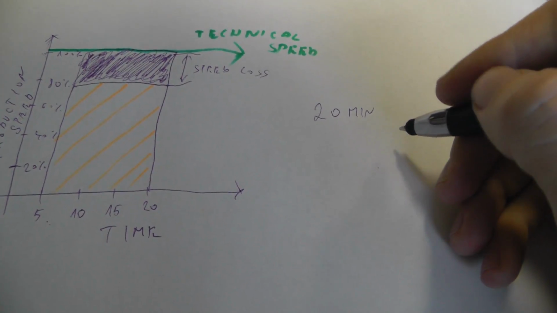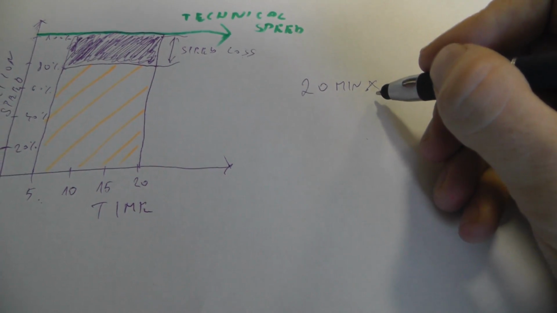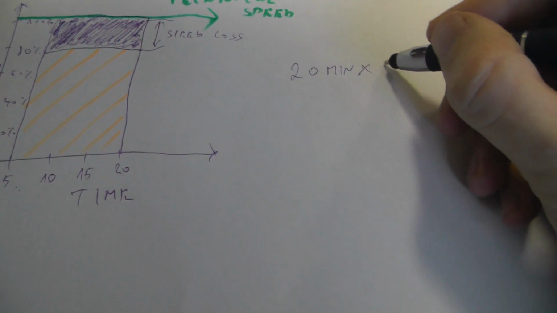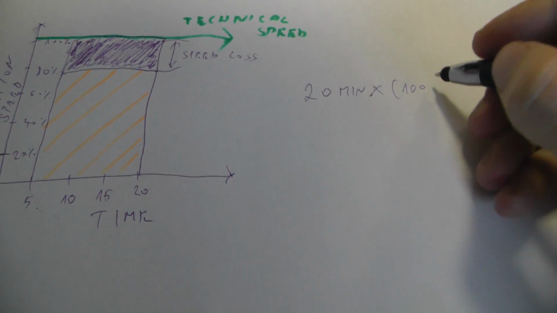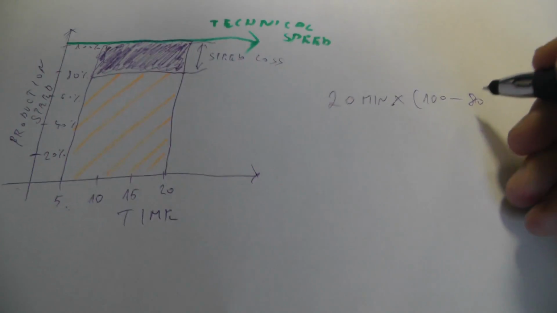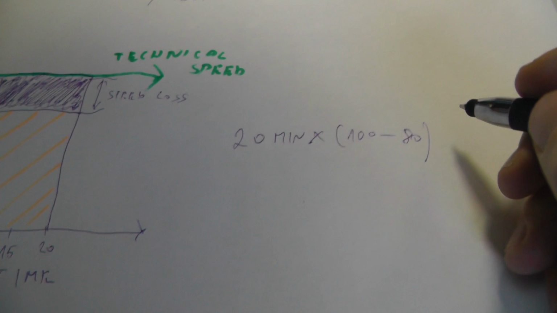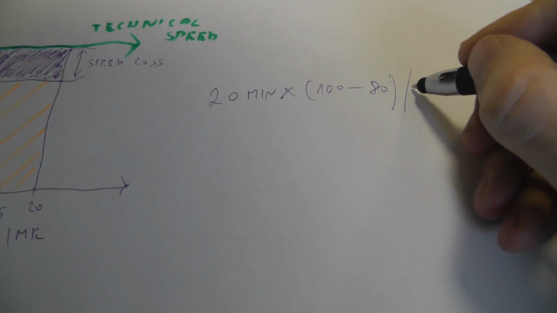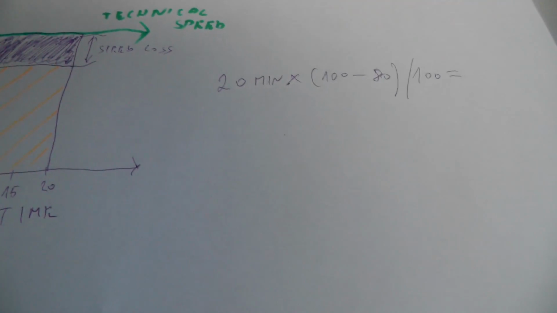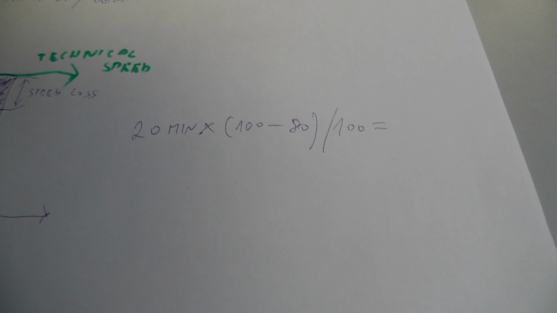We can multiply 20 minutes by 100% minus the actual speed, which is 80%, so 100 minus 80, divided by 100, and we have the result. I will take a calculator and calculate.